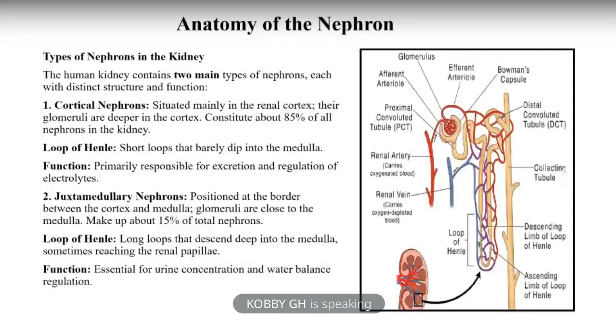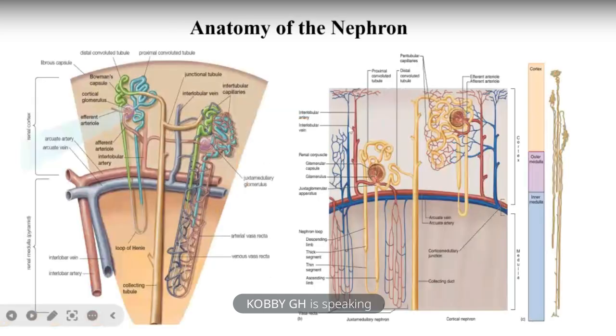Yes, so basically that is it for the two types of nephrons in the kidney. The human kidney contains two main types of nephrons: the cortical nephrons and the juxtamedullary nephrons. We mentioned that cortical nephrons are the commonest type in the kidney.